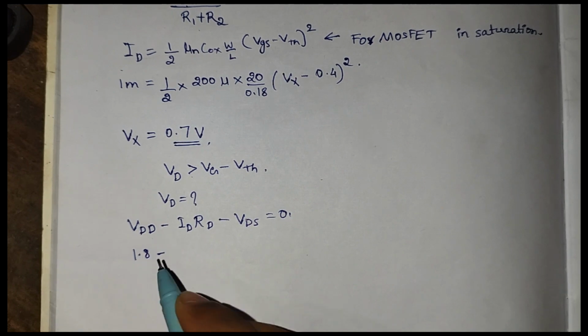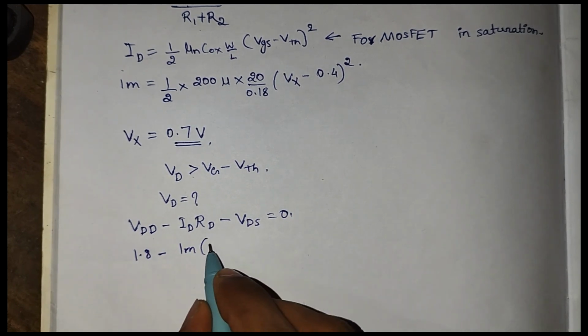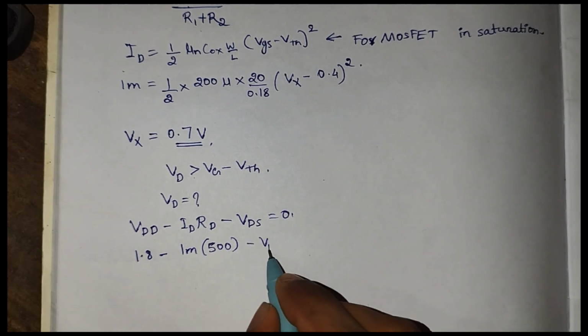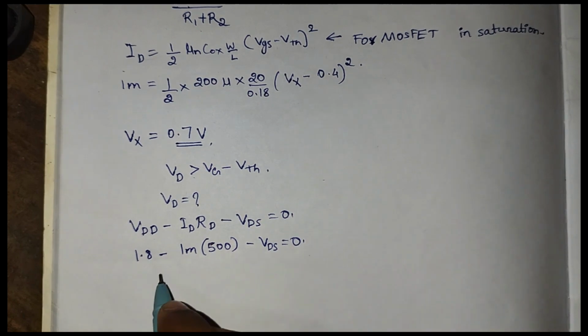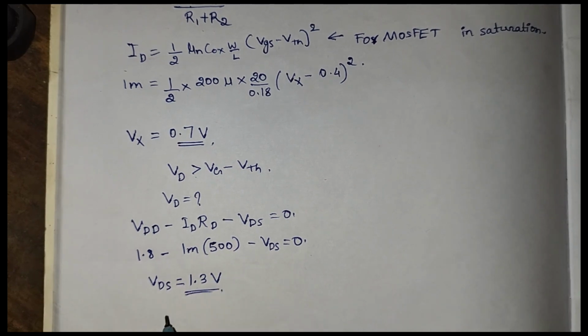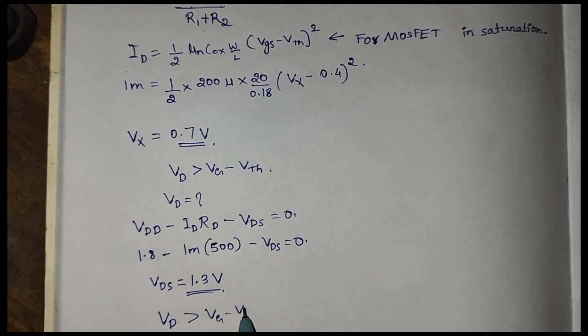VDD is 1.8 volt, ID is 1 milliampere, RD is given as 500 ohm, then we will get VDS as 1.3 volt. So we can tell that the MOSFET is in saturation because VDS is greater than Vg minus Vth.